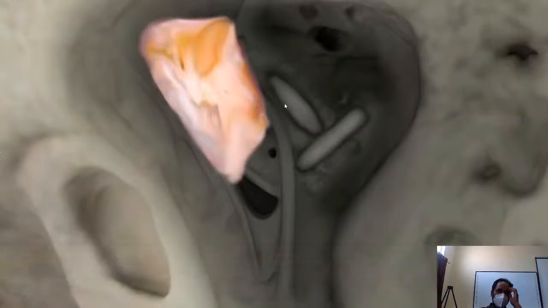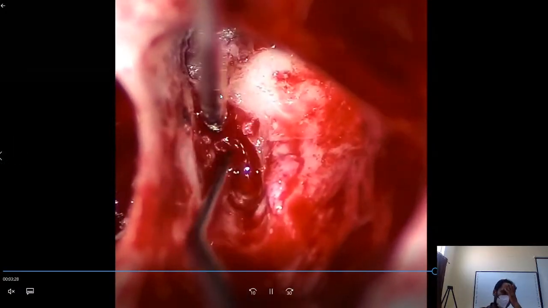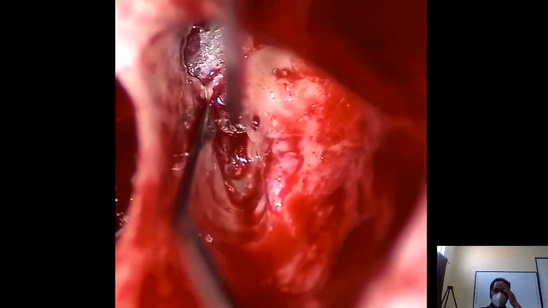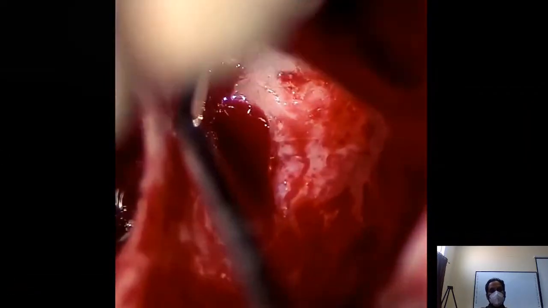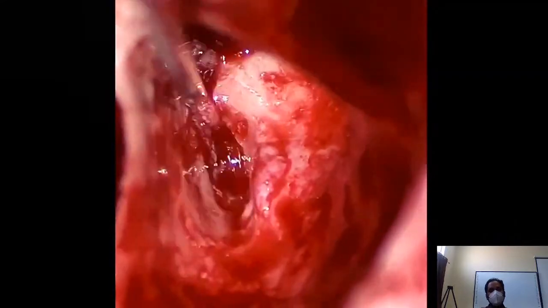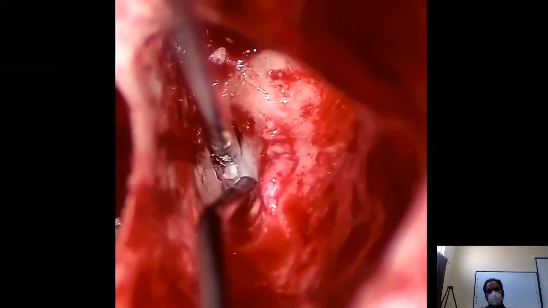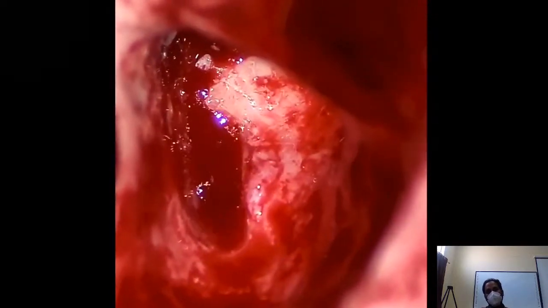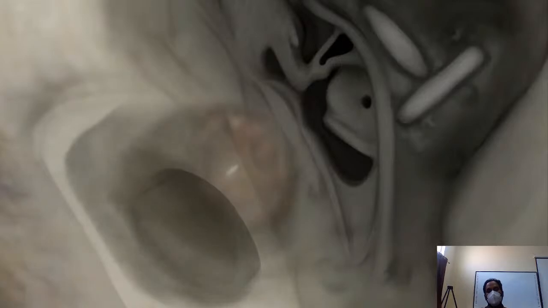So if there is any disease in the mastoid cavity, you have to remove it, like cholesteatoma or any debris, mucosal edema, thickening. So this mastoid exposure, postauricular mastoidectomy, is done to remove wide, extensive diseases of the mastoid cavity.